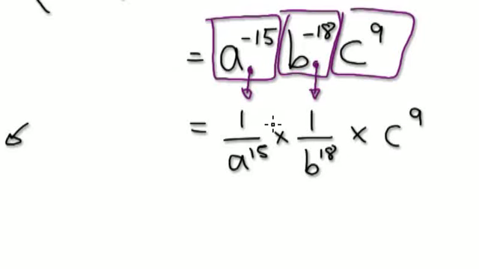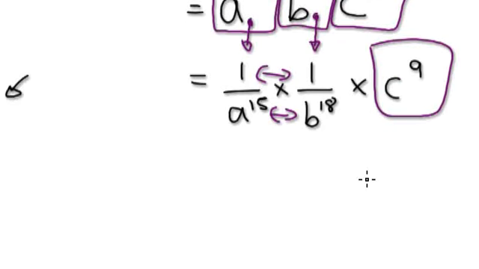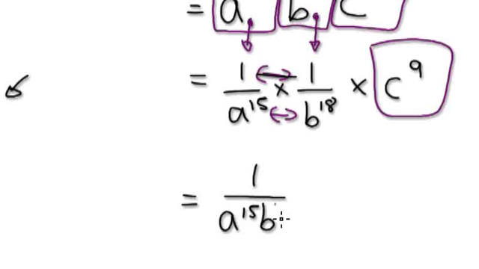Okay, so let's merge the two fractions here. Top times top, bottom times bottom, and then don't forget you've got the c to the power of 9. So that becomes 1 over, well, top times top is 1, and then bottom times bottom, it would be a to the power of 15, b to the power of 18. Okay, and don't forget you've got to times c to the power of 9.